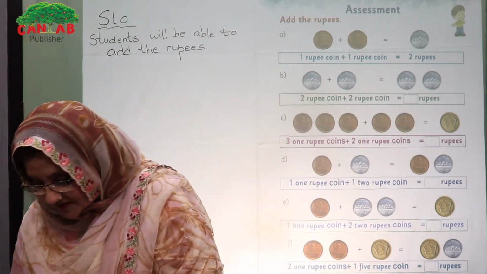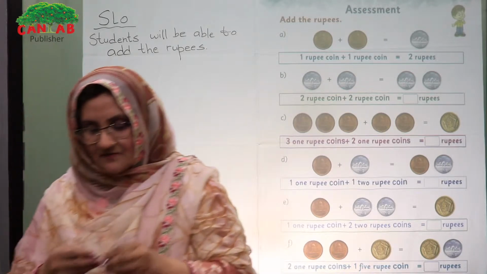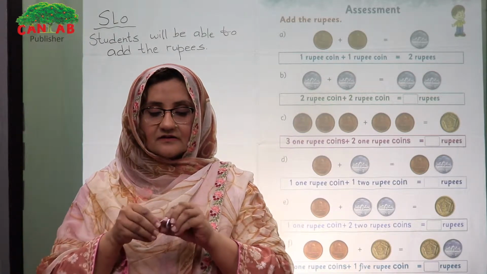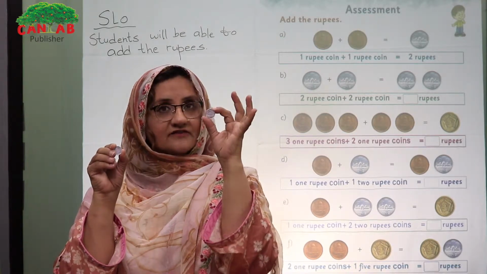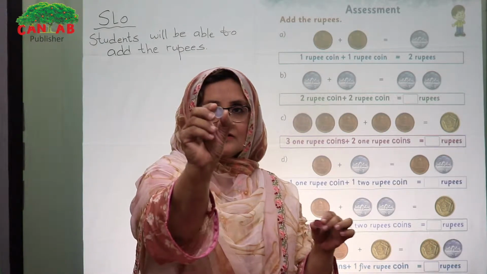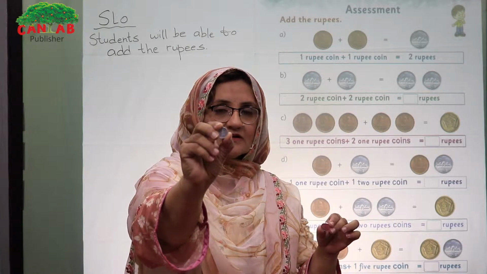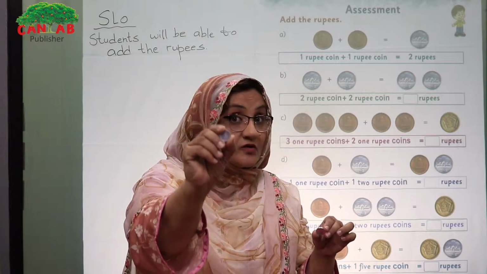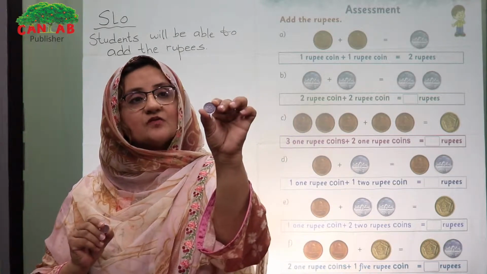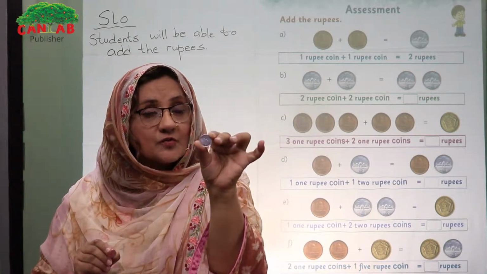So, look at here now. I am having this coin in my right hand and this coin in my left hand. Can you tell me what is the name of this coin? This is a 1 rupee coin. And what about this one? This is a 2 rupees coin.